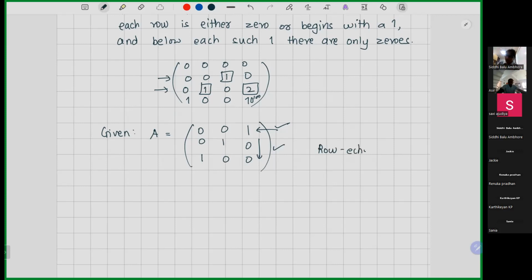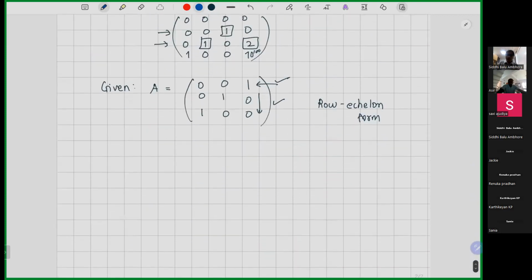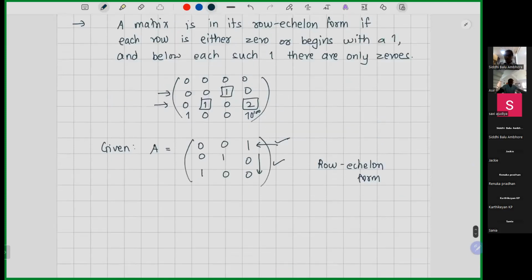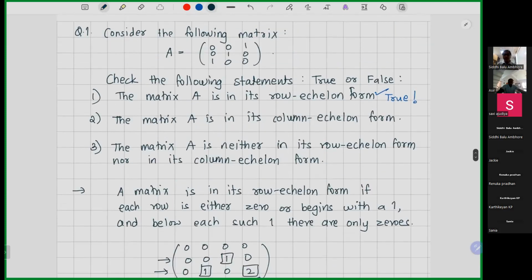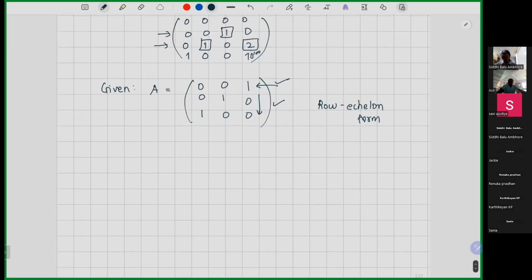So the statement that this matrix is in row echelon form is actually true. Now, second, they are asking whether the matrix A is in its column echelon form or not. So we will again go through the definition of column echelon form.